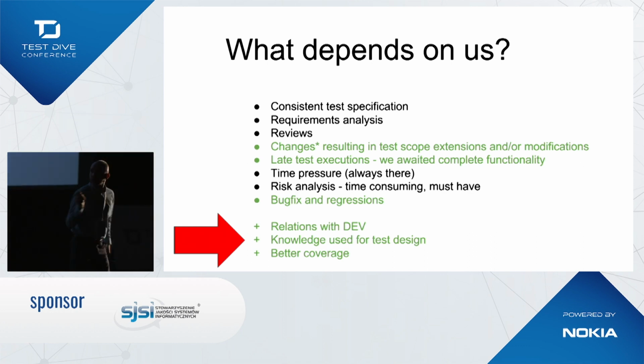I have said already about the relations with developers. This is the greatest thing, I would say. And the knowledge that we can use from test execution, from exploratory test execution, we can use it for test design. And so we achieve better coverage.